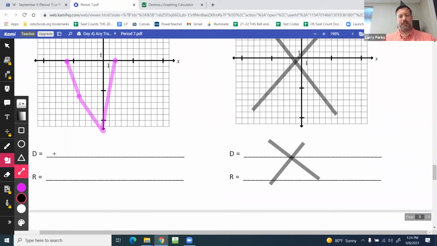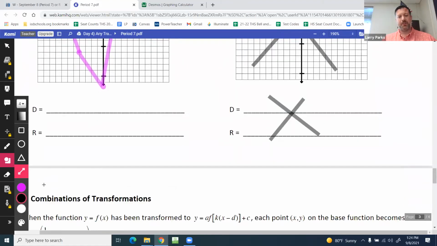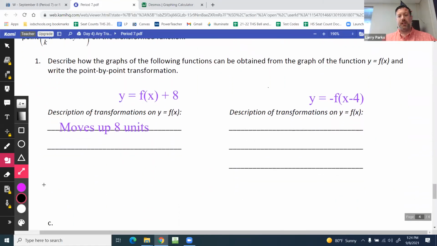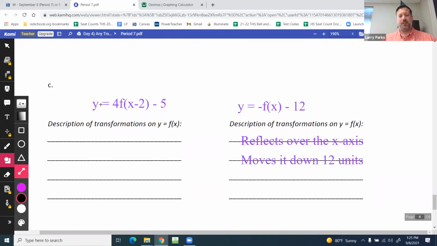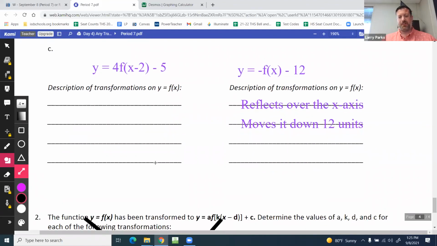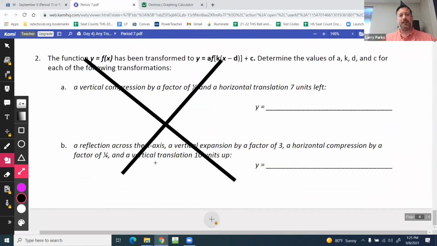We did this one together. I said, put down the domain and the range. And I changed some of the problems. So we said that this moves it up 8 units. You're supposed to describe what the negative does. What does the negative 4 do? What does the 4 do? What does the negative 2 do? What does the negative 5 do? You're just going to list it, and that's your practice.